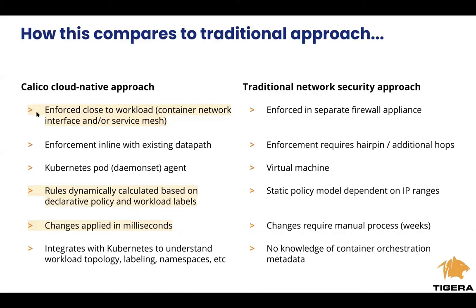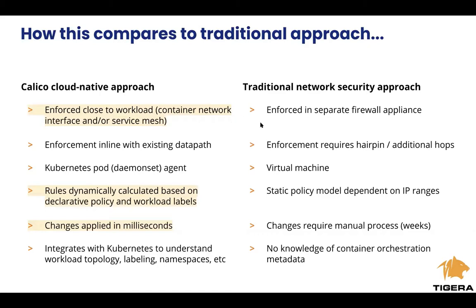With Calico and how it enforces network policies, they're enforced as close as possible to the pod, actually at the leaf of the pod itself. Therefore, if the traffic is not permitted, it's going to be blocked right there without adding more traffic to your network pipes.